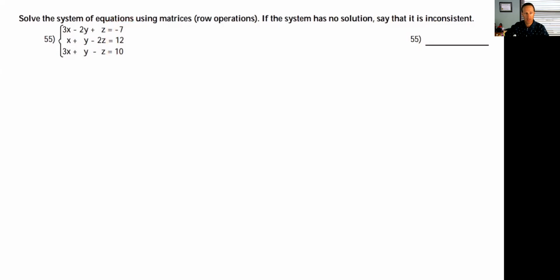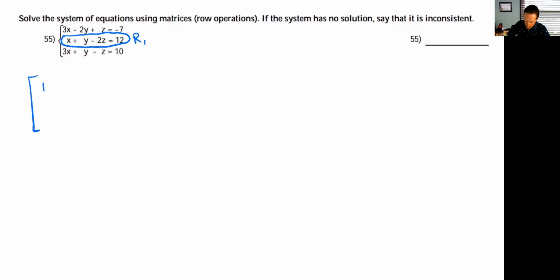So when we rewrite this, I'm going to go ahead and do an exchange for our row 1 and row 2 while I write these things down. So I'm going to put my brackets, and I'm going to call this my row 1, and I'm going to take all of the coefficients of those variables.